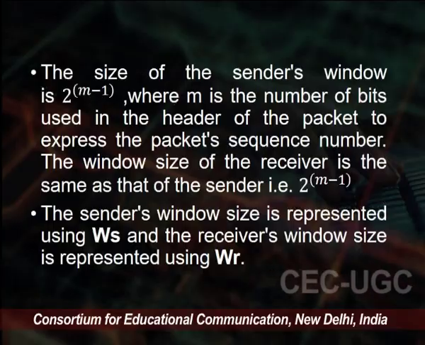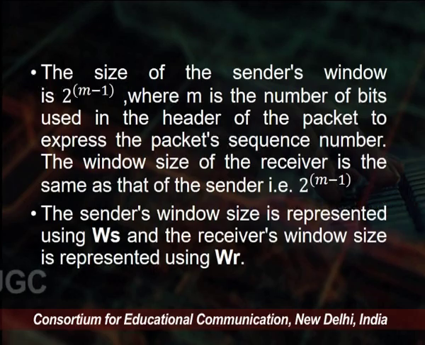subscript. So, coming to the size of the sender's window, that is going to be 2 to the power m minus 1, where m is the number of bits used in the header of the packet to express the packet's sequence number.